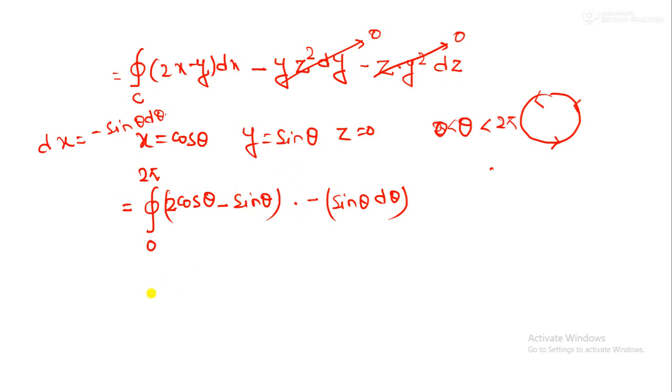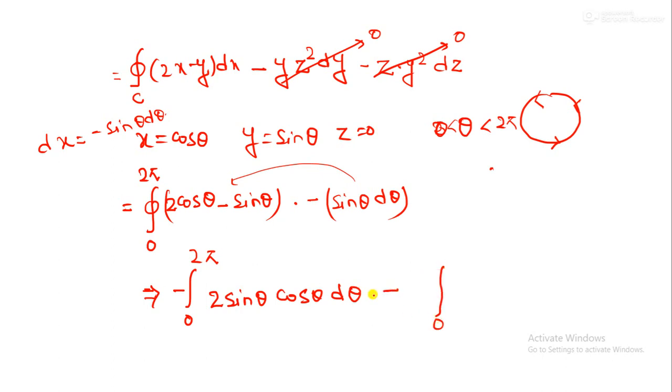So on moving further, what you will get is minus integral 0 to 2 pi of sin theta into cos theta, I'm just keeping these factors inside. Okay, cos theta, sin theta, cos theta, d theta, minus integral, sorry, it will be plus integral 0 to 2 pi sin square theta d theta.